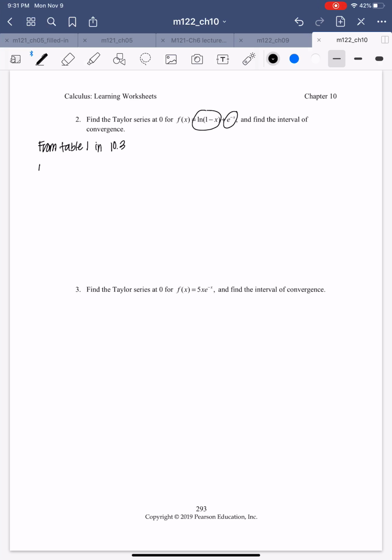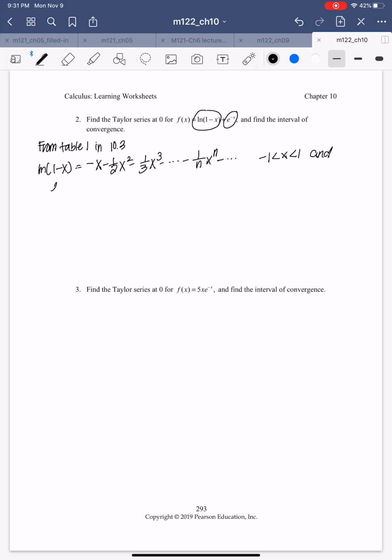We have ln(1 − x) as negative x minus half x squared minus 1/3 x cubed minus ... minus 1/n x to the n, for x between negative 1 and 1.